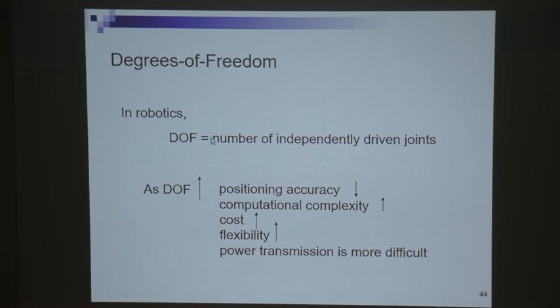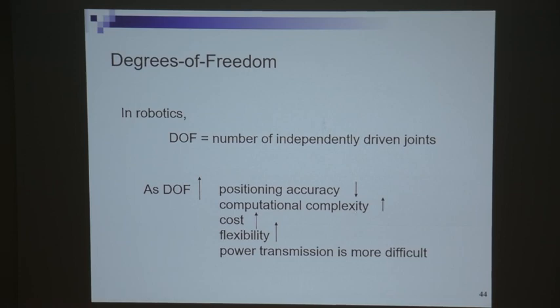We can make the thing easier and say that the DOF is equal to the number of independently driven joints. So by counting the number of joints of a serial manipulator, you will tell your degree of freedom. As your degree of freedom increases, your positioning accuracy will decrease. Again, this is a general guideline.